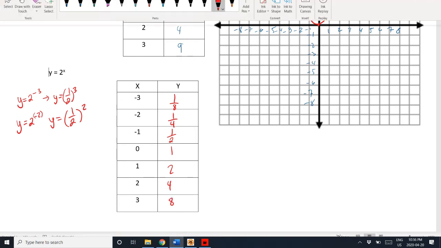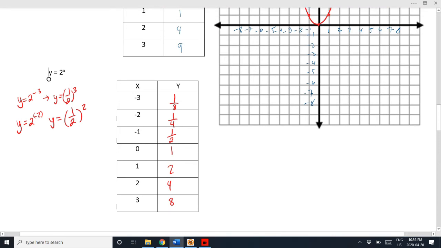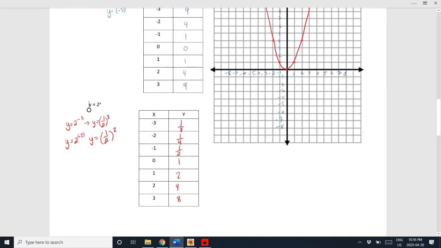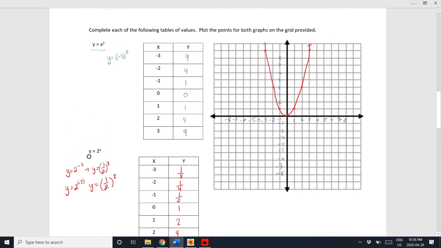Now I'll change colors here so we can graph it, let's use a nice baby blue. Let's graph these points on our same table of values. If we do 1 divided by 8, we would get a number that's probably easier to graph.